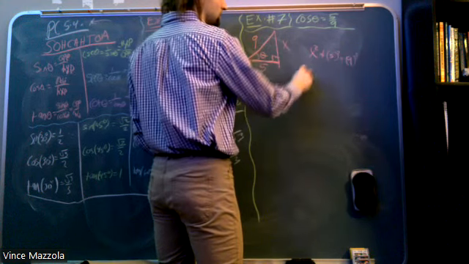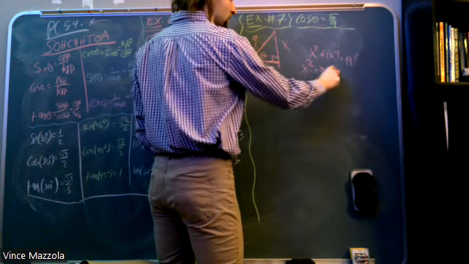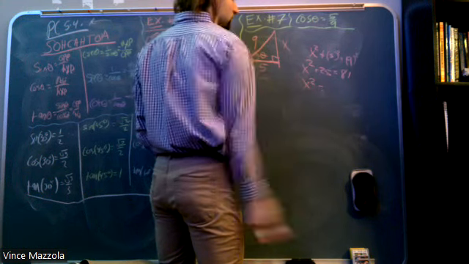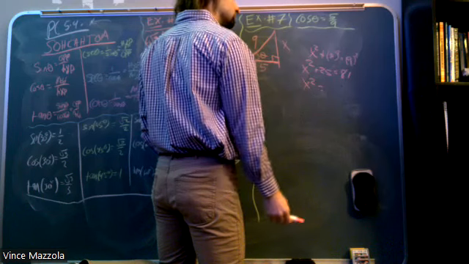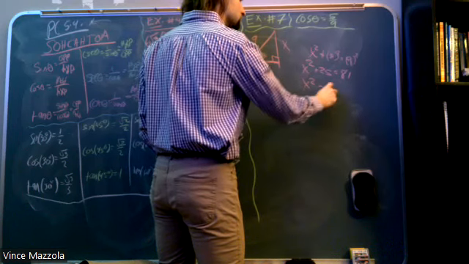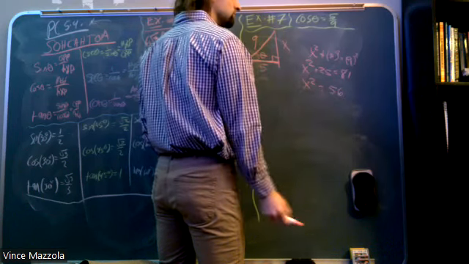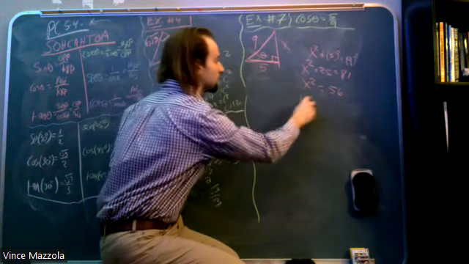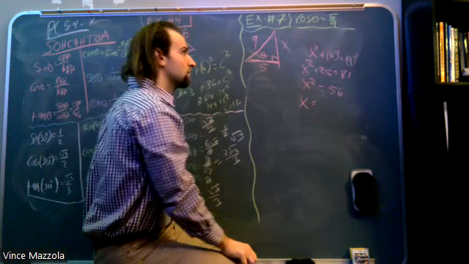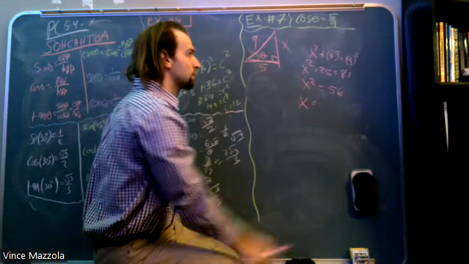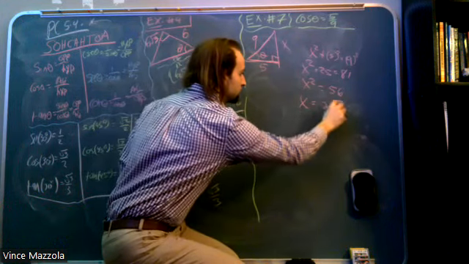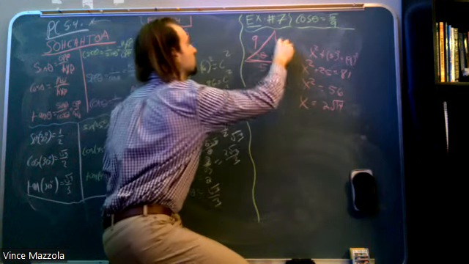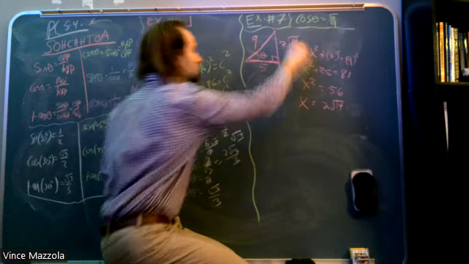So then you've got x squared plus 25 equal to 81, and then x squared is equal to 56. I think so. Yeah, sounds about right. And then x is going to be equal to, well, 4 goes into 56, so 2√14. Perfect. So 2√14.